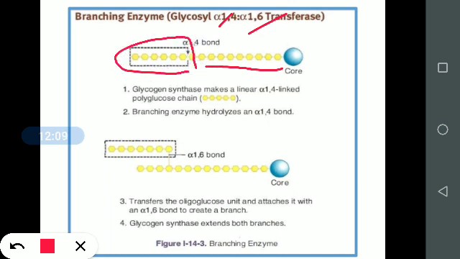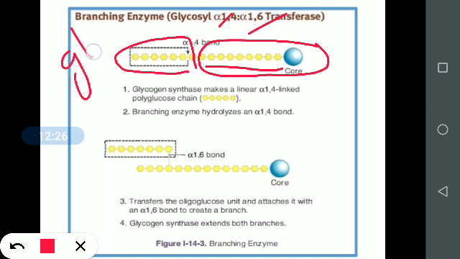After forming 11 residues, glycogen synthase cannot synthesize a new glycogen particle. It is the enzyme which will add further glucose molecules that have come from UDP glucose to the primer of the glycogen particle.